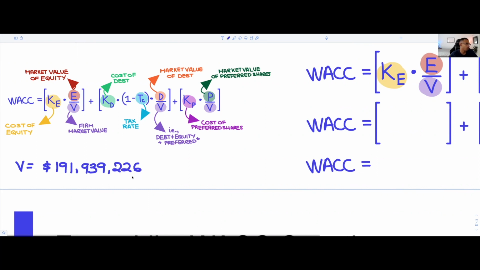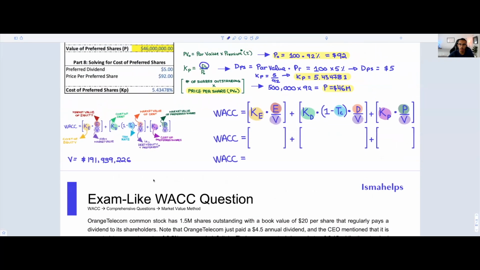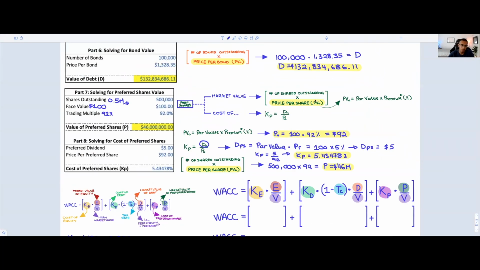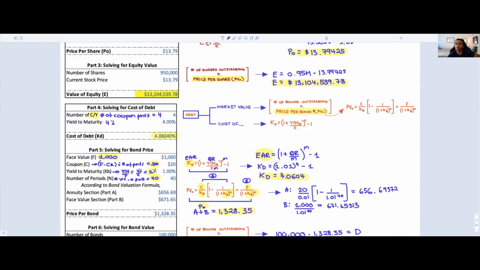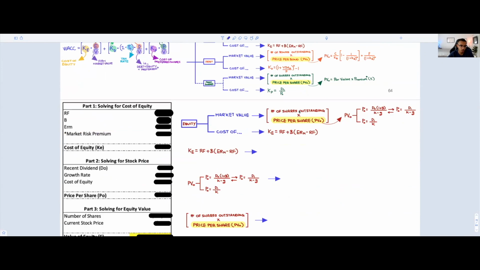And if you want some active recall, we did 46 mil plus 132 mil plus 13 mil. If we zoom out a little bit, 46 million, 132 million, and, at the top, 13 million. That's going to give us our value of the firm.